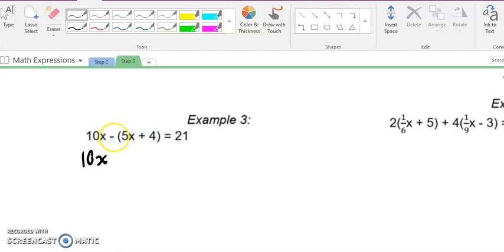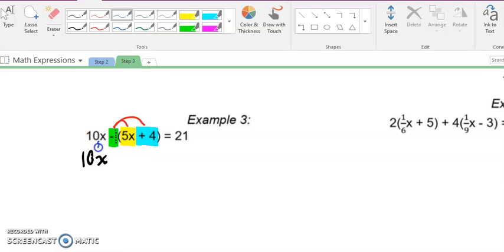And this negative is actually touching the door. What number is it when we can't see any number? It's the number 1. So inside my parentheses, I have a 5x and I have a 4. Outside the parentheses, I have a negative 1 that's going to do the distributing.